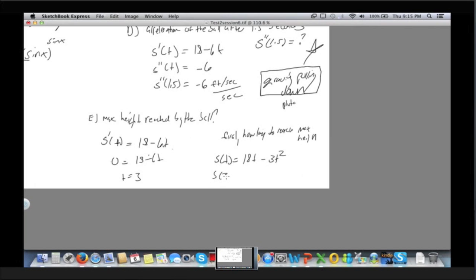So s of 3 equals 18 times 3 is 54. 3 squared is 9 times 3 is 27. So this is 54 minus 27, which is just 27. So the maximum height reached by the ball is 27 feet.